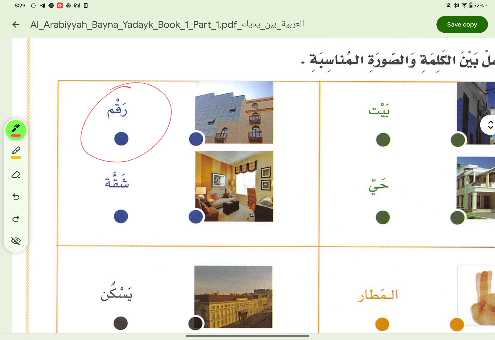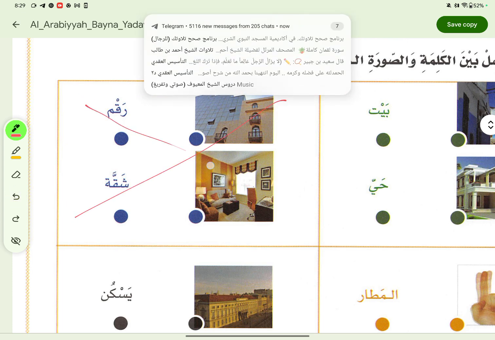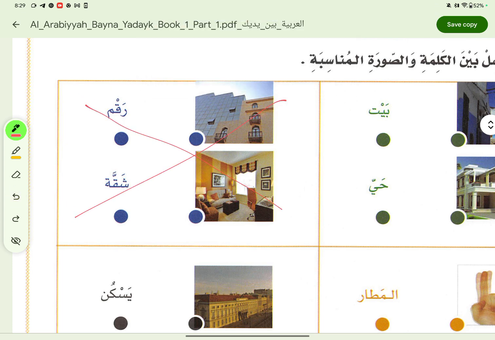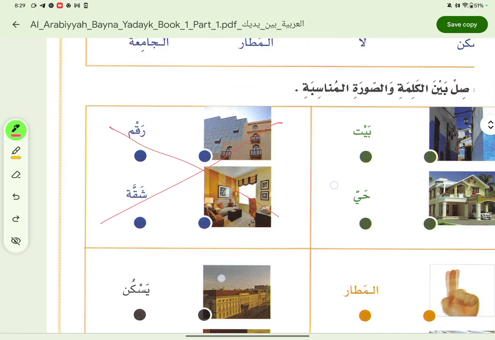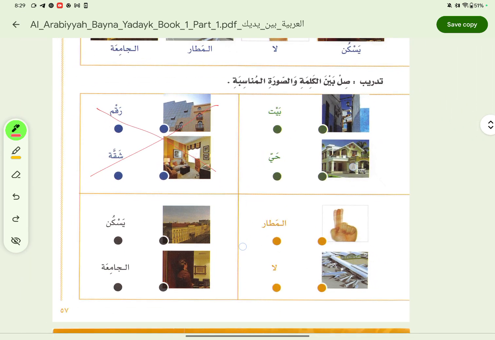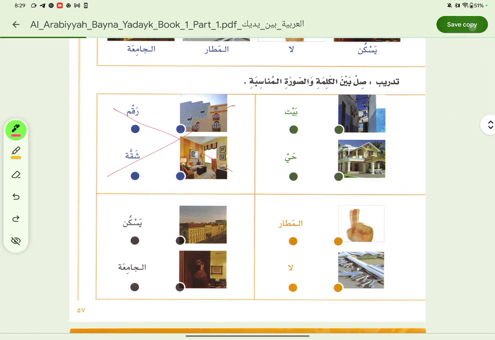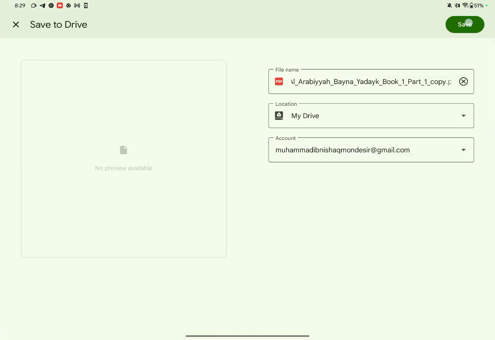The brother was mentioning that Raqm means number and Shaqqa means apartment, but the pictures are actually two pictures of apartments, inside of our apartment and outside of our apartment. So leave this one out, because this whole question is wrong. But that is a great observation. Jazakallah khair. I will save that, so next time I do this book, I will be sure to remember it.